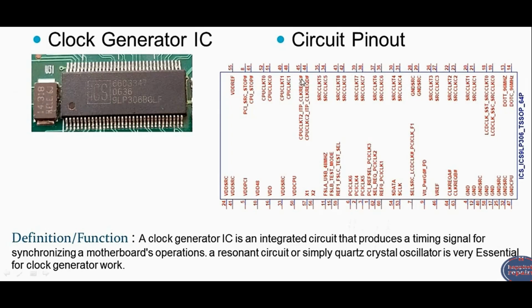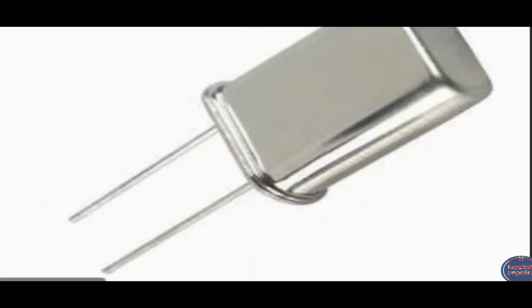Here this is a crystal oscillator, and over here this is the circuit pinout, or the pin configuration of the clock generator. As a definition, the clock generator IC is an integrated circuit that produces a timing signal for synchronizing the motherboard operations. A resonant circuit or quartz crystal oscillator is essential for any clock generator.